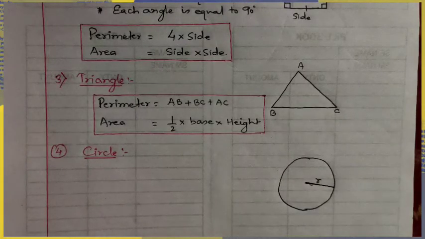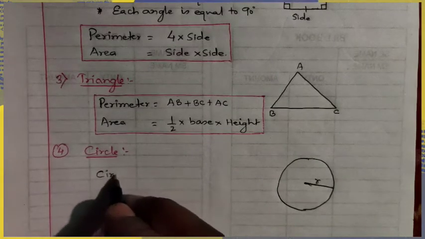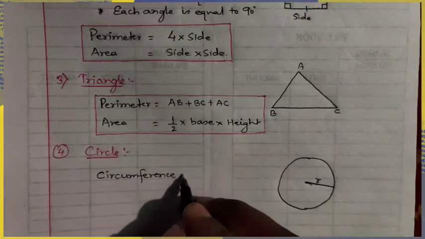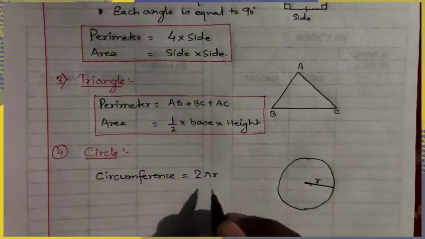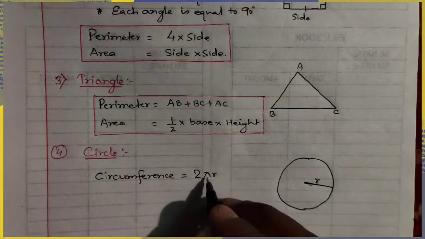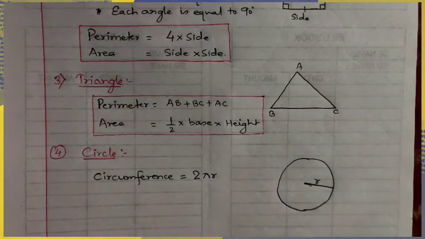And in case of circle, the term perimeter is referred to as circumference. The circumference of circle, the formula is 2 pi r, where r represents the radius of circle and the value of pi is fixed. Here I am writing the value of pi.